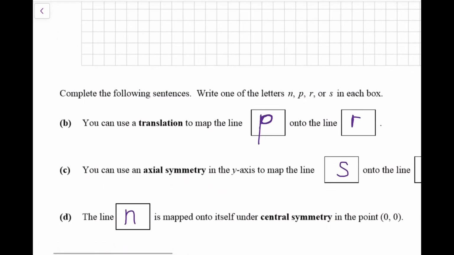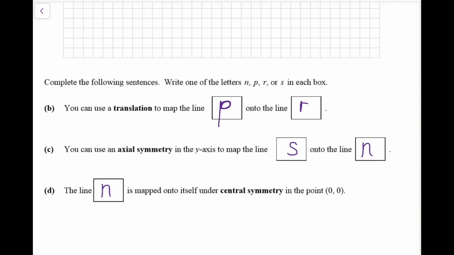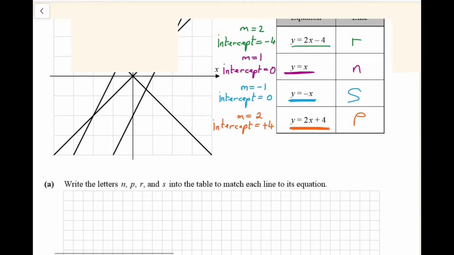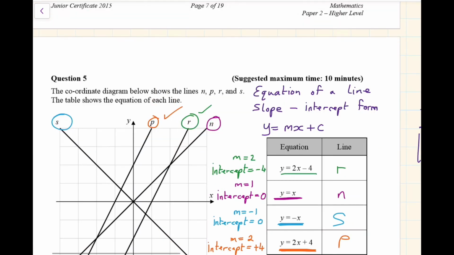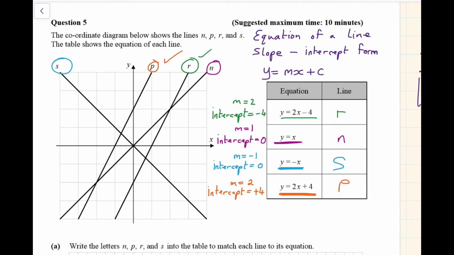So you can use an axial symmetry in the y-axis to map the line S onto the line N. So an axial symmetry in the y-axis. So if we took S and we went 2 here and equal distance out the other side, it's like the y-axis is like a mirror now.